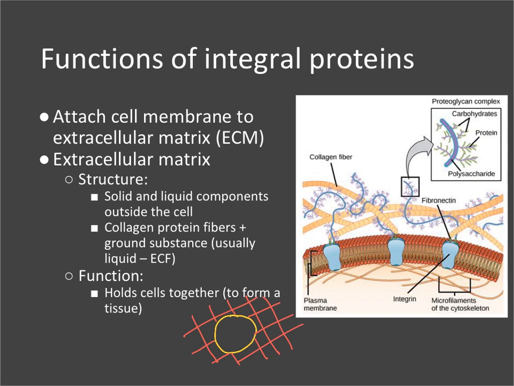So your cells aren't just free floating around inside your body, or at least most of them aren't. They're embedded in this structure called the extracellular matrix, or the ECM. So these proteins can act like anchors to help attach the cell to those proteins in the extracellular matrix in order to hold it in place.